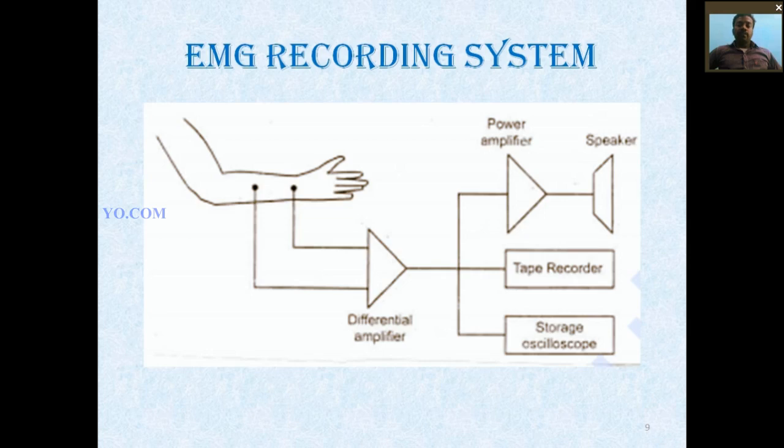Through the speaker we can hear the received signal. At the same time, the output of the differential amplifier is connected to a tape recorder. The tape recorder stores the output for future reference. At the same time, the storage oscilloscope is used to display the waves in a CRO, and it also stores the signal for future reference. So this is a very simple block diagram of an EMG recording system.